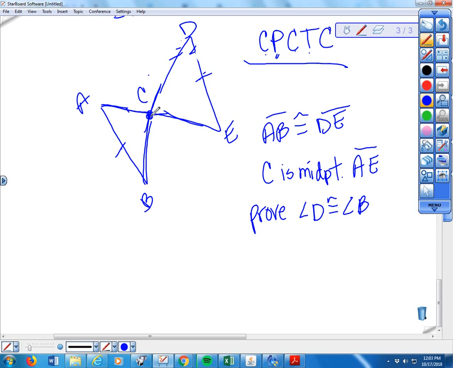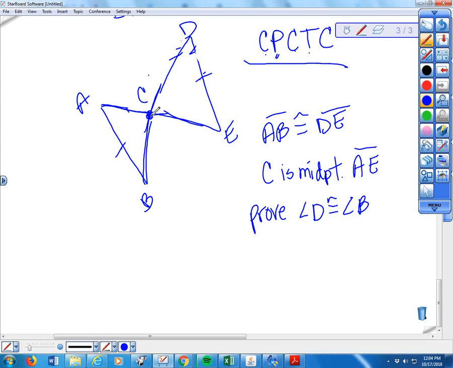We know in this section that we've learned side, side, side, and side angle side as two ways to prove two triangles are congruent. I have been given one thing for sure, two sides. Right? Two sides are equal. But there's no proof that says side by itself is enough to prove two triangles are congruent. So I either need to find two other sides, or I need to find an angle and a side where that angle is included.